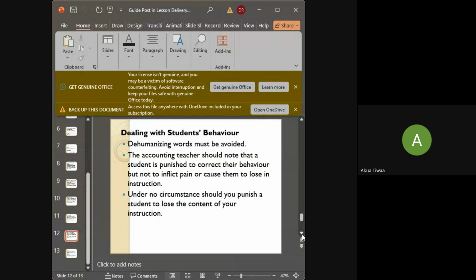You see, what we want is for everybody to enjoy your class and take part in the lesson. So we discourage teachers sending students out of the class. So somebody misbehaves and then the teacher says, hey, walk out of my class. No, we don't want that. If there is a punishment that will not let the students lose the content you are teaching, then we are fine.